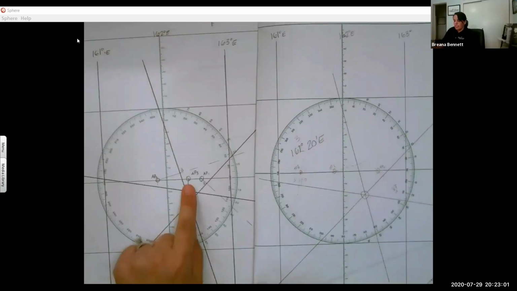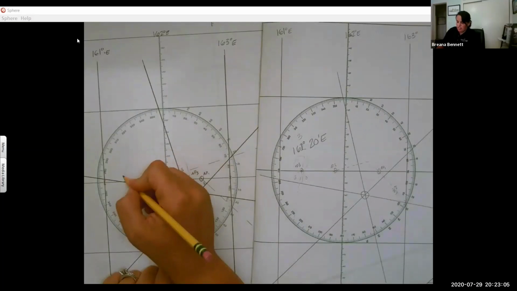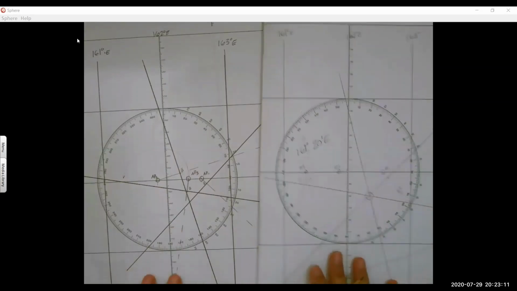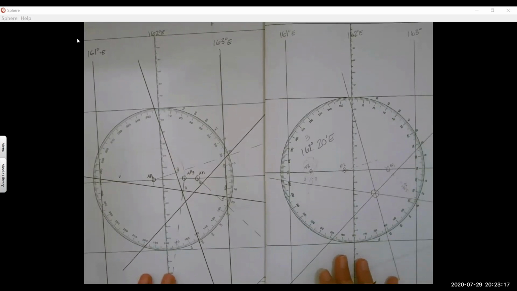So this guy should be over here. So just move the LOP from the assumed position number 3 down a little bit so it hits the center of the other two.